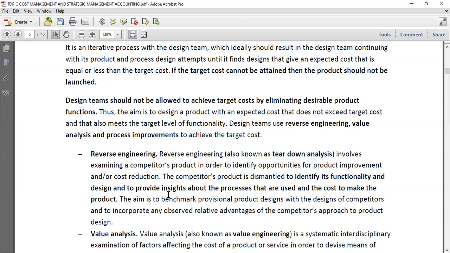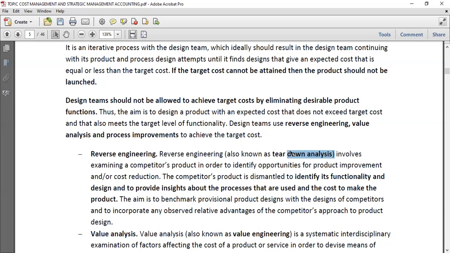So reverse engineering is also called tear down analysis. Basically here, we are examining the competitor's product.